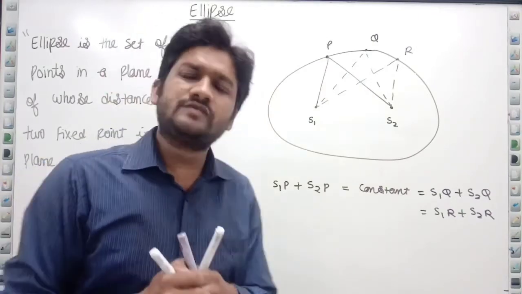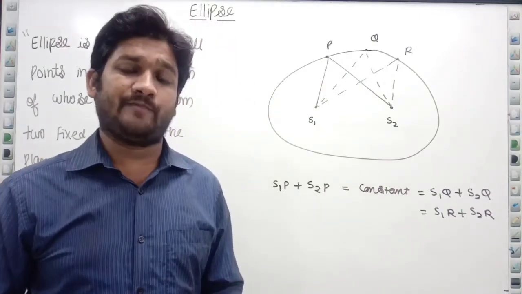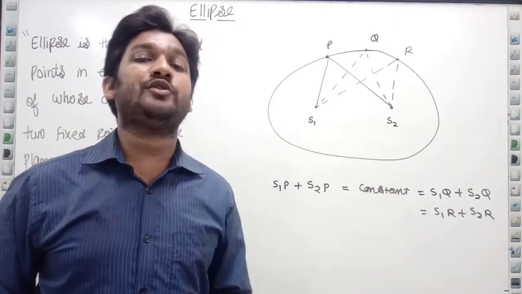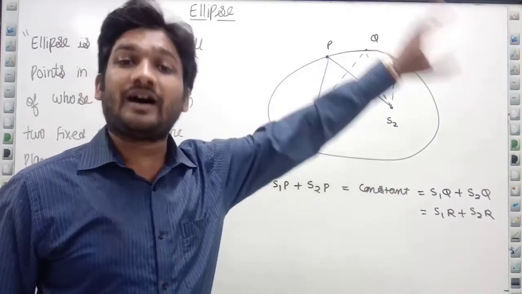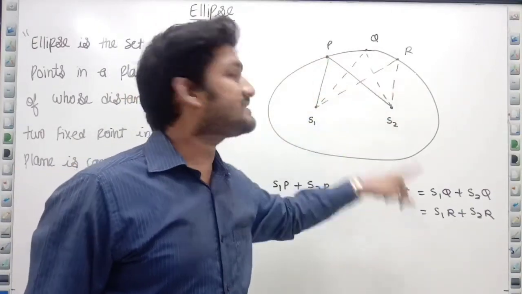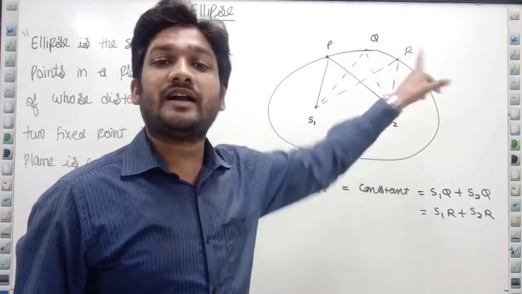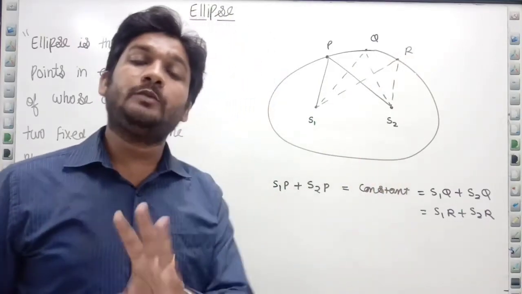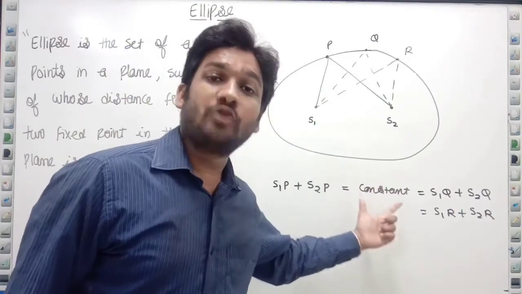So this is the definition of ellipse. In an ellipse we have two fixed points, and if I take any point on the ellipse like P, Q or R, then S1P plus S2P is equal to S1Q plus S2Q is equal to S1R plus S2R. That is fixed, that is constant. Later on we will discuss what the value of this constant is.